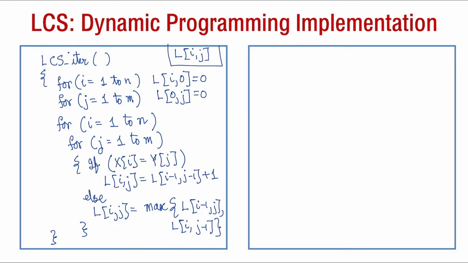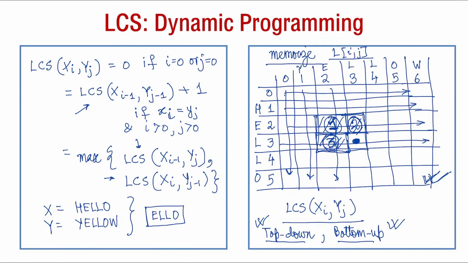So this is an iterative implementation, and as you can see, this iterative implementation is of the order of n into m complexity. The top-down algorithm will also do n into m complexity. It is easy to see why.